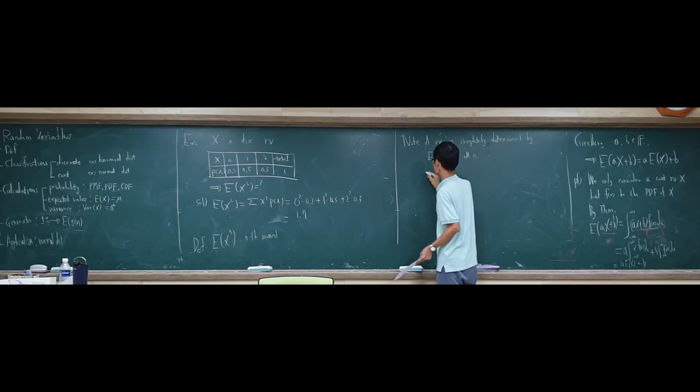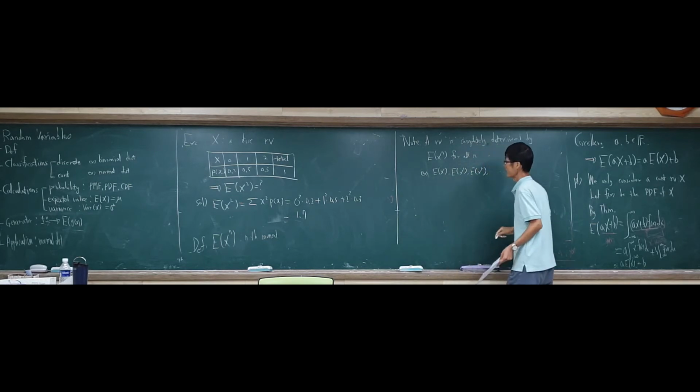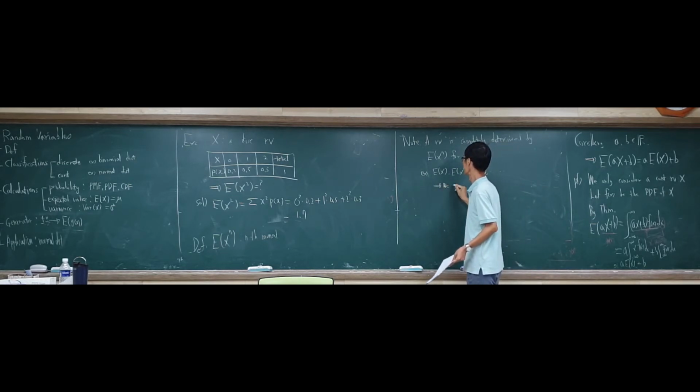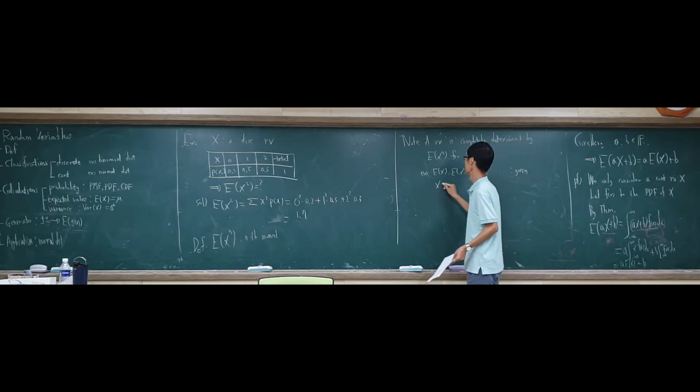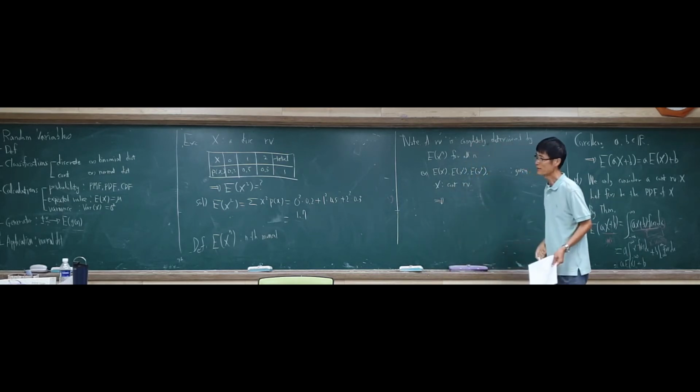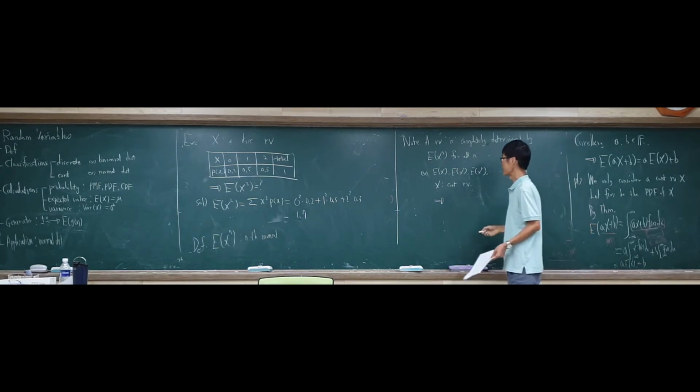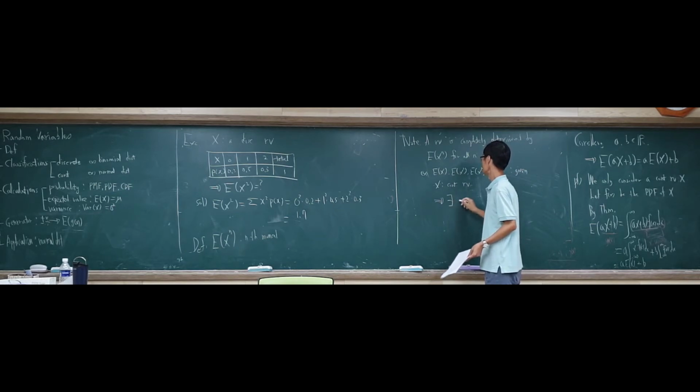This means, for example, if we know E[X squared] and so on, then we can find the distribution. If these are given and X is a continuous random variable, then a continuous random variable is completely determined by a probability density function, which is the unique CDF.